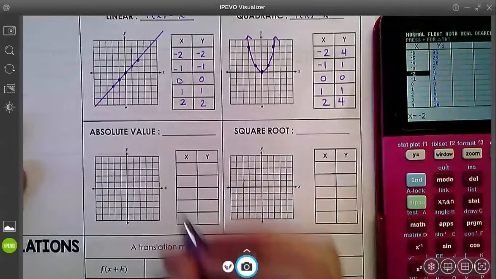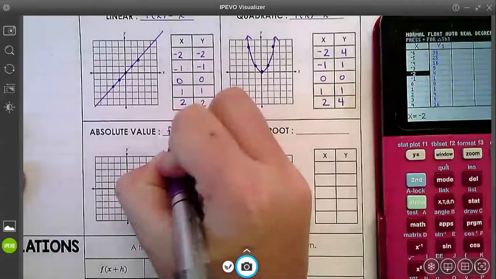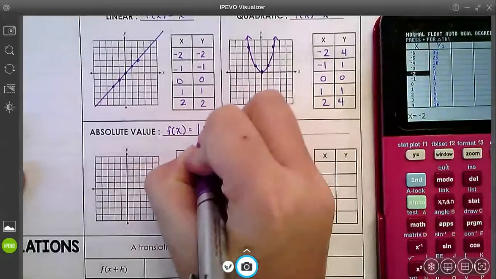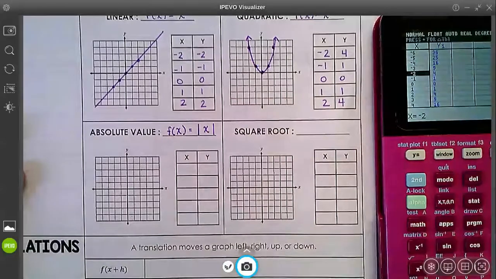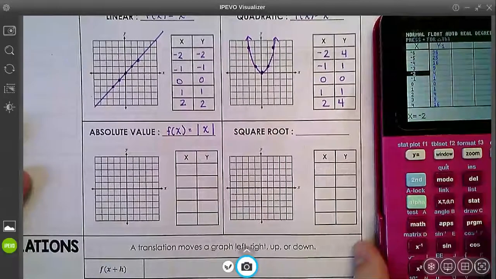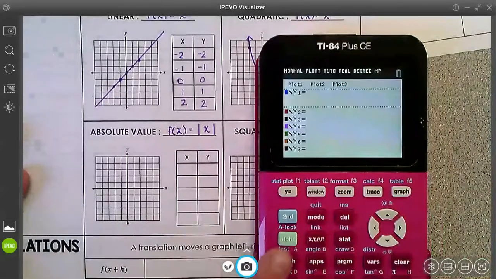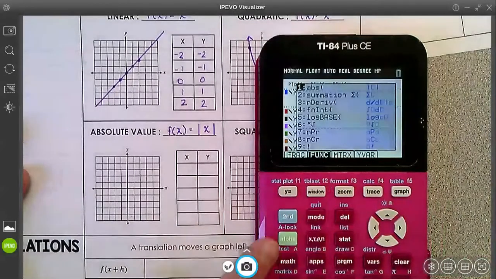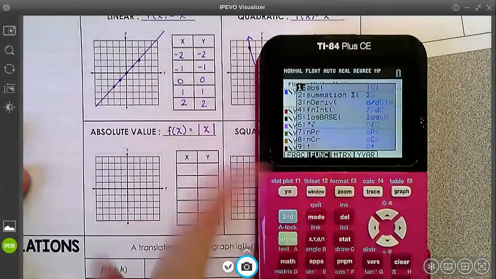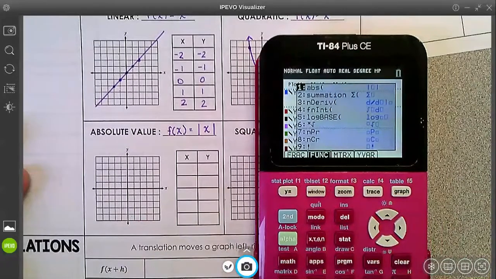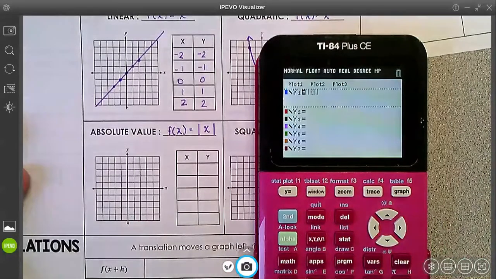Then we get into absolute value, the absolute value of x. If I go back to y equals, there's a few places to find absolute value, but second window is one of them, and number 1 will give us absolute value.